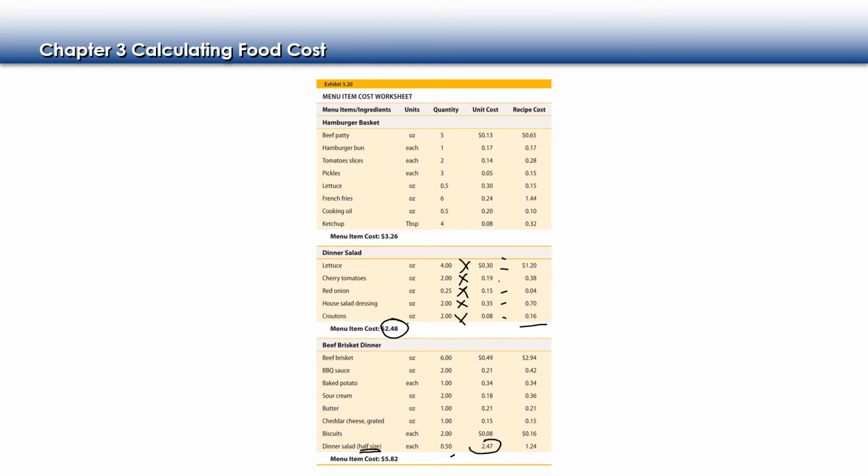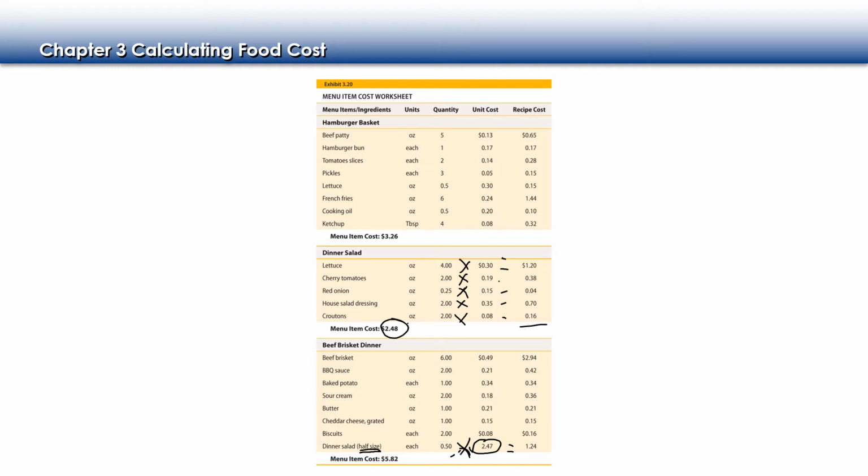So you can see how now we multiply by 0.5 and we get $1.24 for our dinner salad that's now part of our beef brisket dinner. So you can see that oftentimes other components like our salads, our soups, they can actually become part of another plate cost. So now let's just get a little bit extra practice.